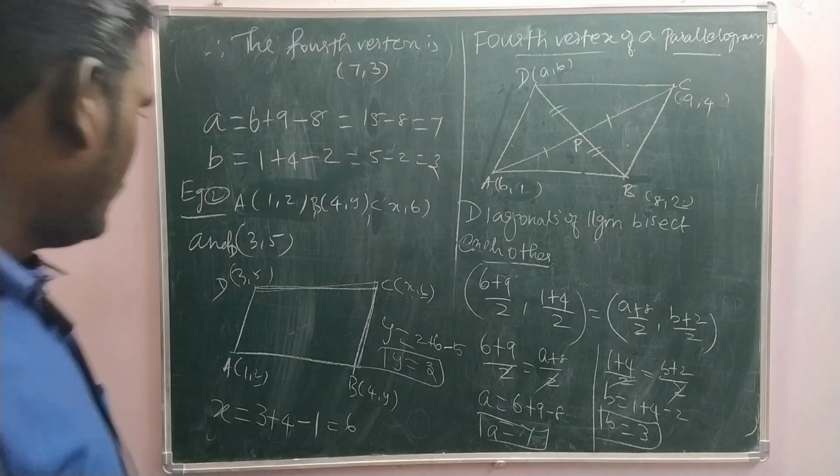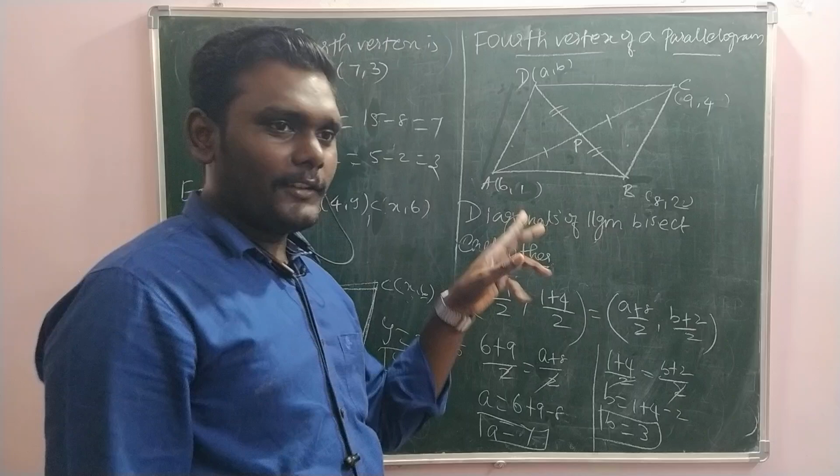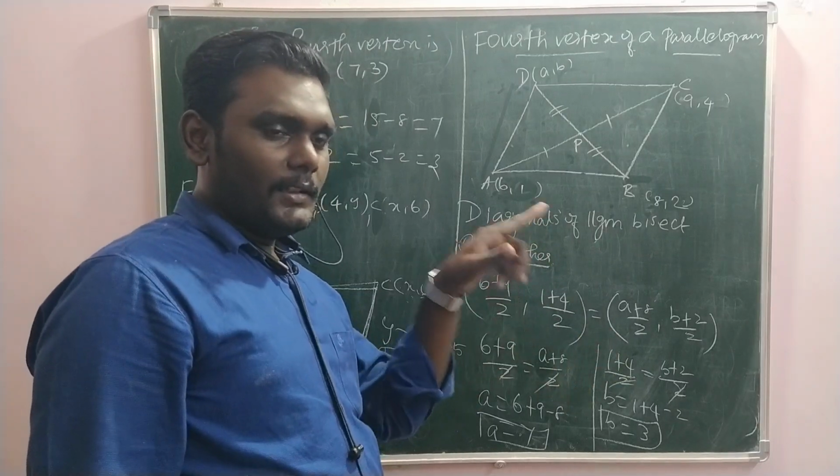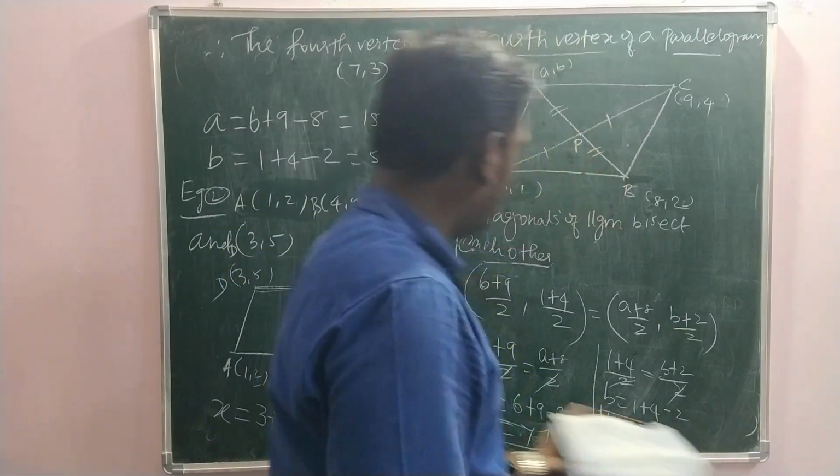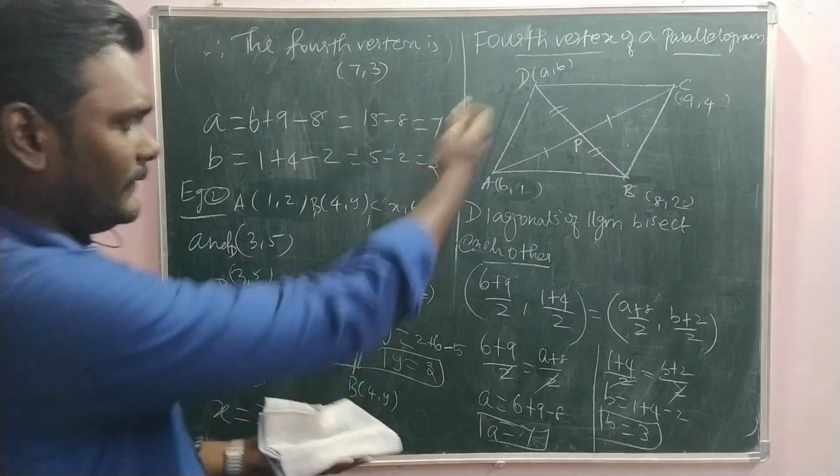It's better if you write this: to find a vertex, just add the x coordinate of the adjacent vertices minus the x coordinate of the opposite vertex. Shall I erase this?